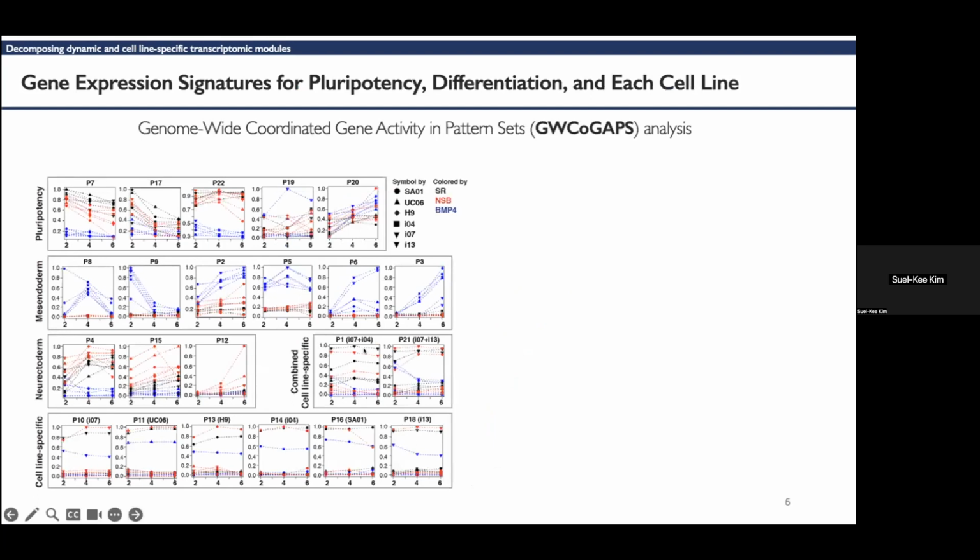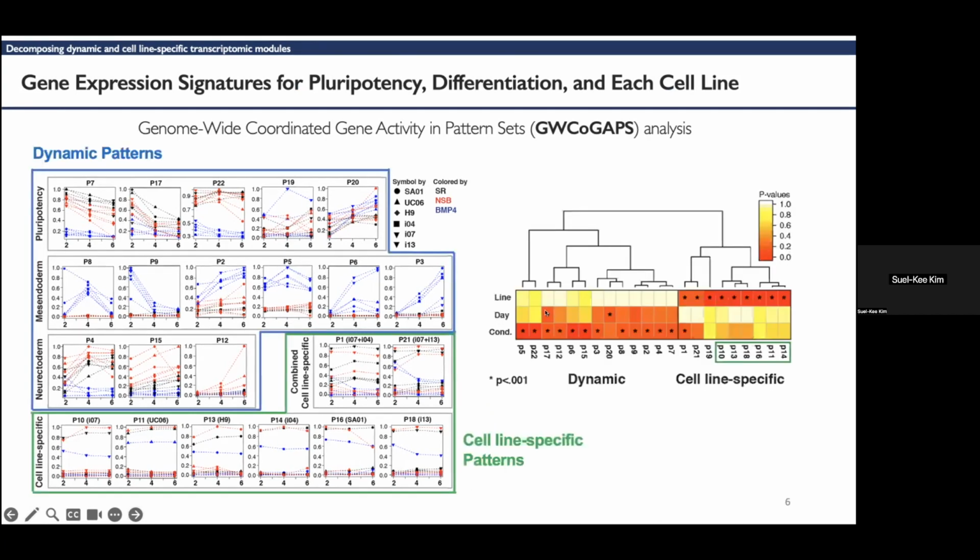Next, we applied a non-negative matrix factorization method, which we call GWCoGAPS analysis, and we acquired 22 transcriptomic patterns. Here, the culture days are shown on the x-axis, the 6 cell lines are shown in different symbols, and the 3 conditions are in different colors. Through this analysis, two classes of pattern were identified.